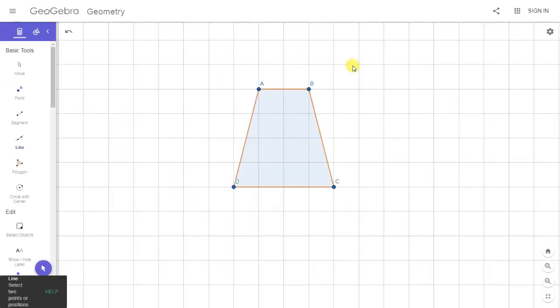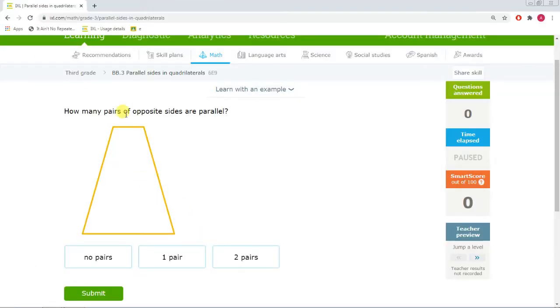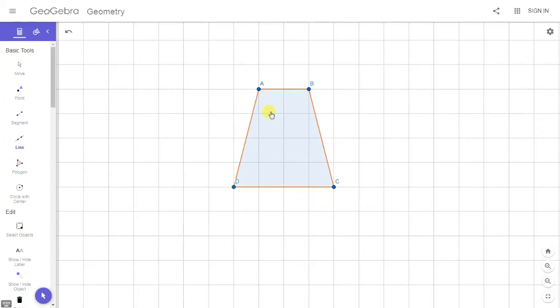Okay, we have the same figure we have on IXL. We have drawn this figure in GeoGebra. Now we can look for the opposite sides first. For example, line AB and line DC do not share any vertex, that means they are opposite sides.